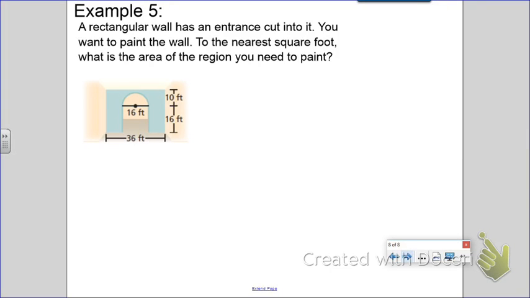In our final example, a rectangular wall has an entrance cut into it. You want to paint the wall. To the nearest square foot, what is the area of the region that you need to paint? So I'll take the area of the entire piece. The whole thing is 36 by 26. So if we multiply those together, 36 times 26 is 936 square feet.